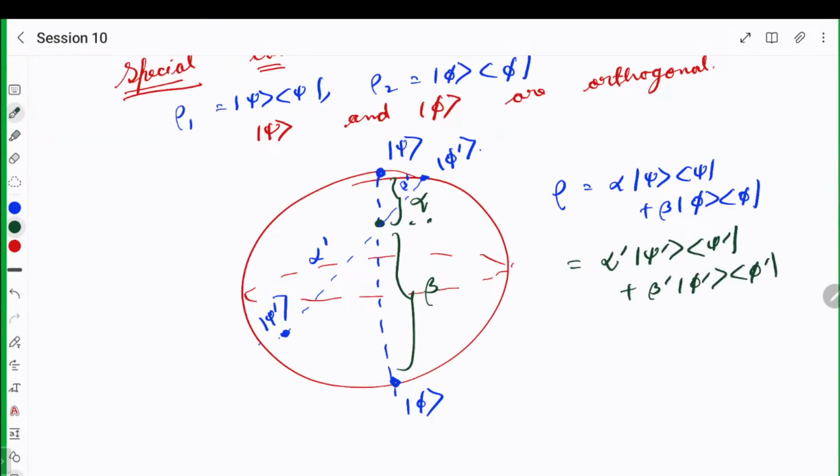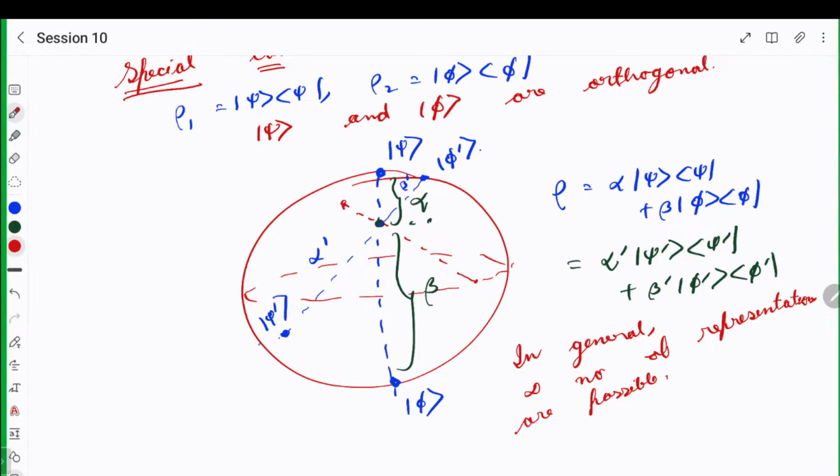So in general, there can be an infinite number of representations of rho, because you can draw another line, say from here to here, and represent rho in that form.